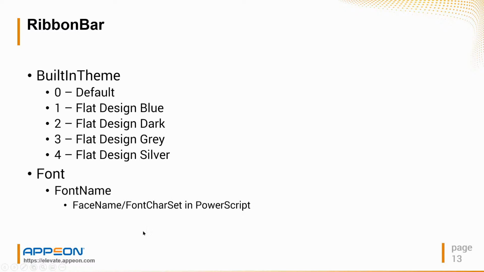So that's one of the places where there's a variation between what you would be doing in the XML or JSON to construct the RibbonBar to begin with, and how you would access it dynamically in PowerScript. I did want to point out, I skipped over that a little bit.